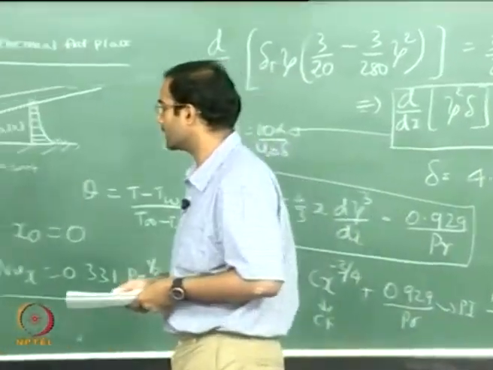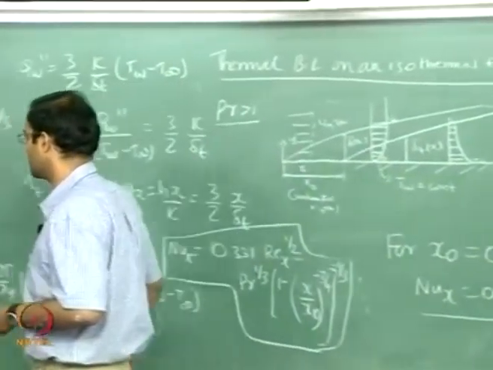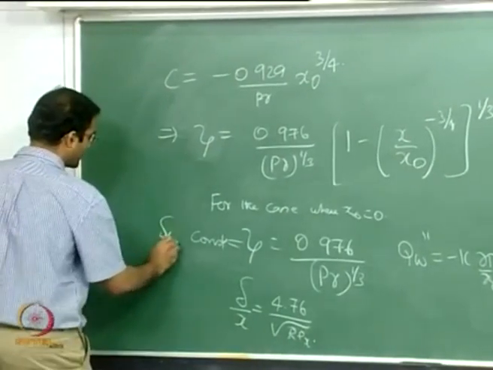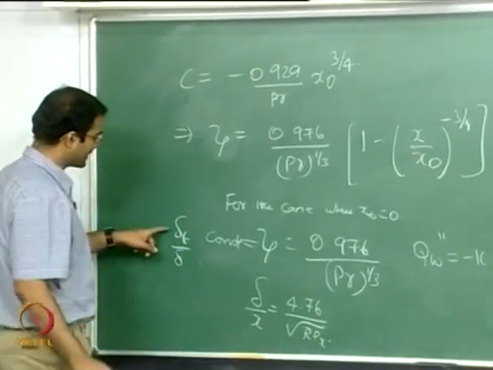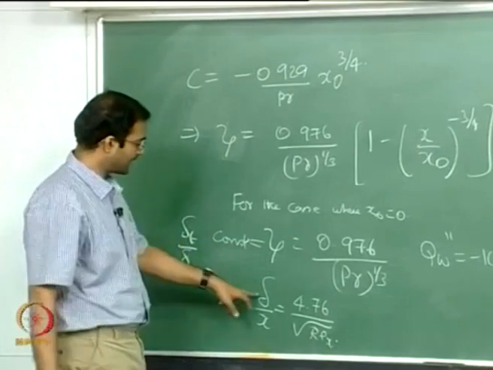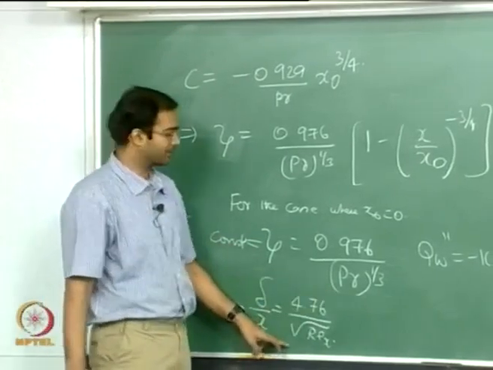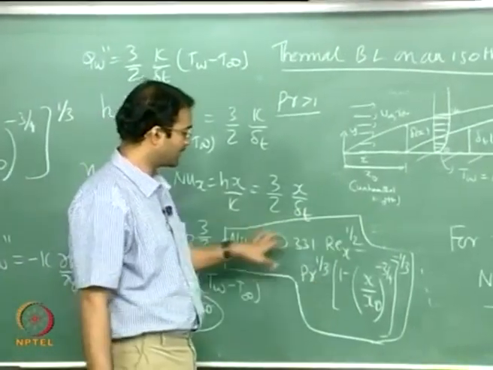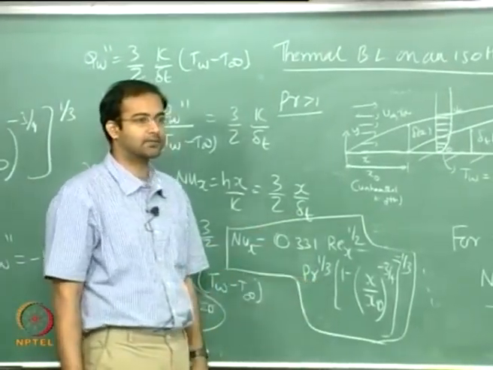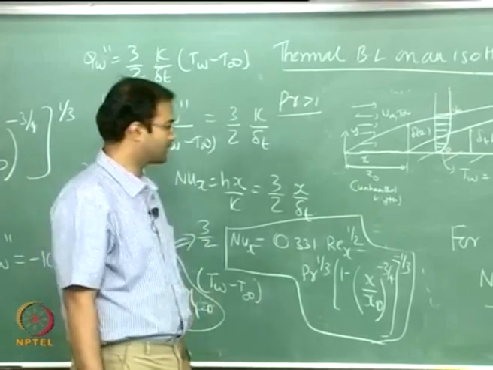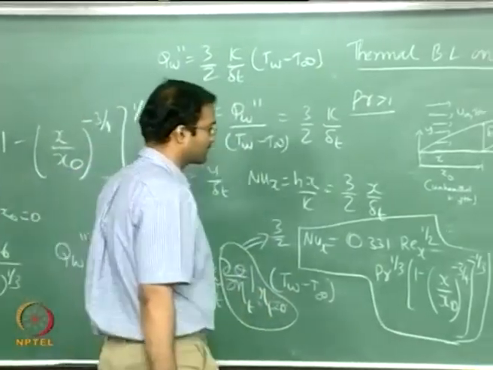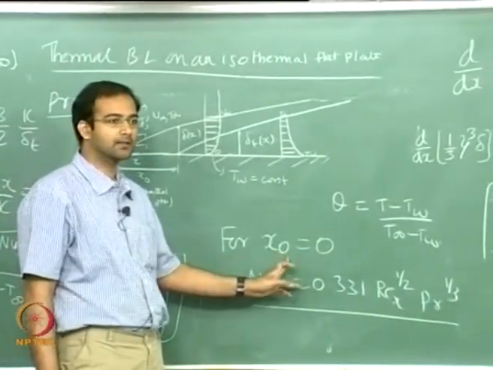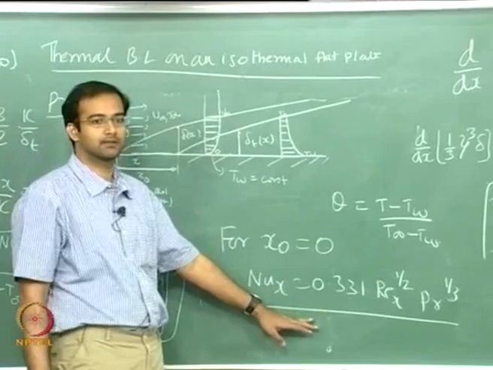Here I am skipping a couple of steps; you can do that yourself. Delta t is zeta into delta, and you already have the expression for delta. Substitute that and you will get a very neat expression in terms of Reynolds number and Prandtl number. This is Pohlhausen's case, where you are heating right from the beginning.